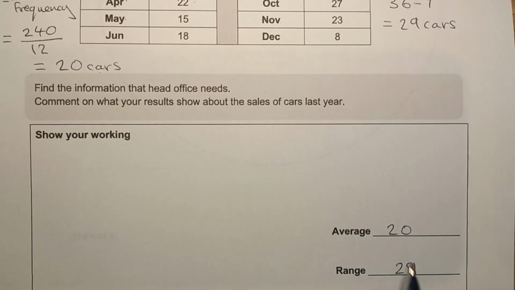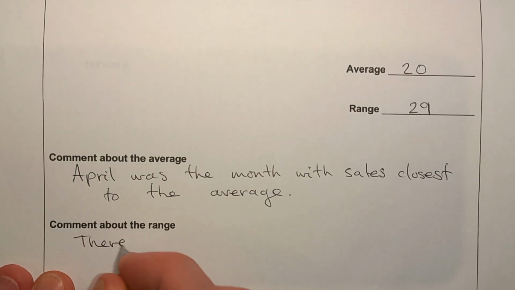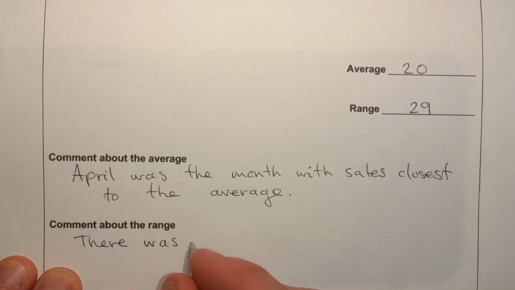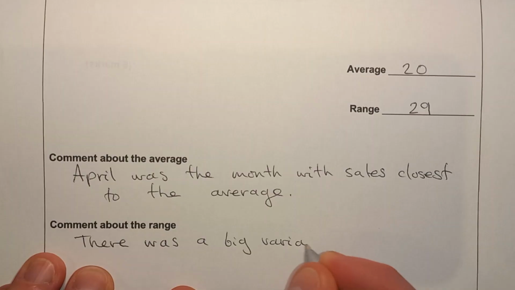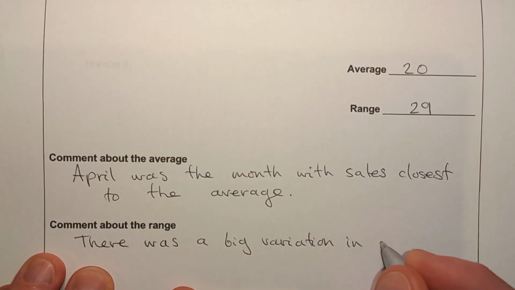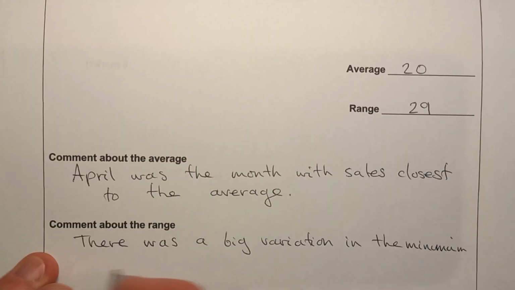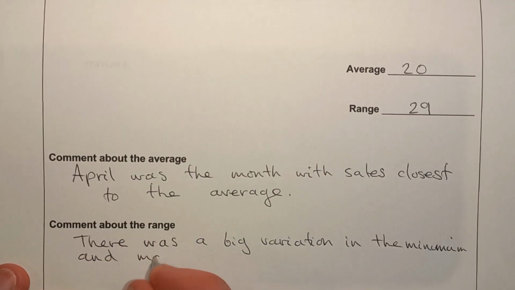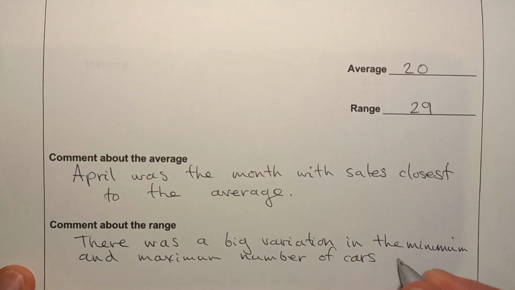Well, it's quite a big range if you think the average is only 20. So maybe we can say what the months were. So something along the lines of, there was a big variation in the minimum and maximum number of cars sold.